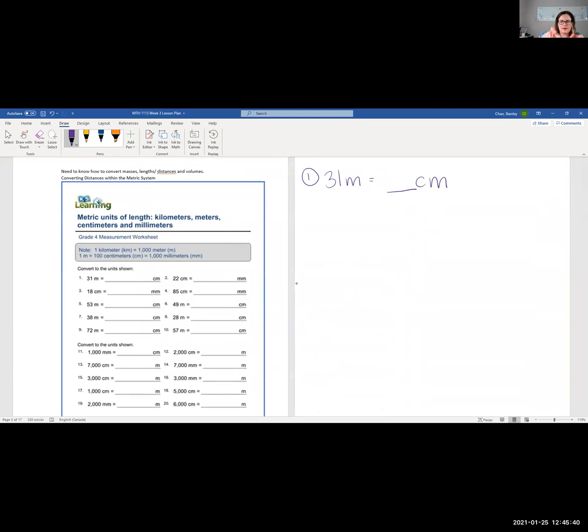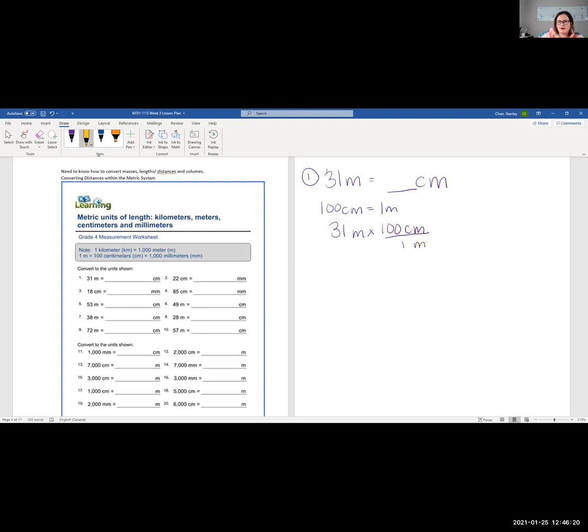The way that we do this is we need to know how many centimeters there are in a meter. So there's 100 centimeters equals 1 meter. Or you could do this the other way around. There's 1/100th of a meter equals 1 centimeter. You get the same answer, but let's just stick to the first way for simplicity's sake. So we set this up as 31 meters times our conversion factor, where centimeters goes on the top, meters goes on the bottom.